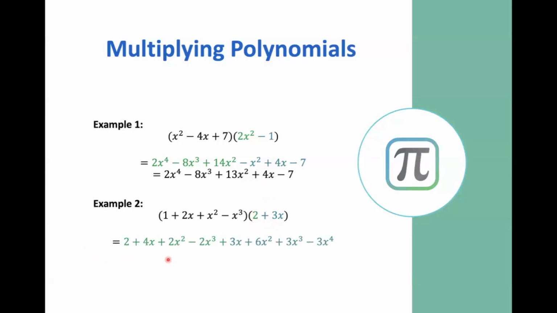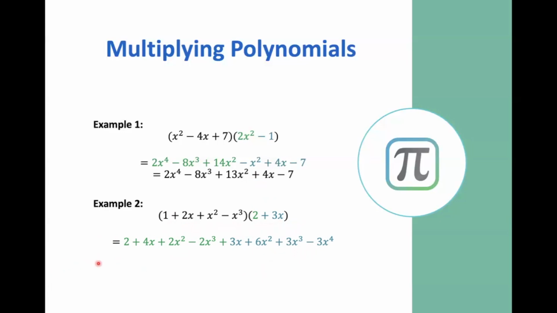So here, just trying to show the difference between the green and the blue, go 2 times 1 plus 2 times 2x plus 2x squared minus 2x cubed, and then do exactly the same process, multiplying everything in this left-hand bracket by 3x, and we get 3x plus 6x squared plus 3x cubed minus 3x to the power of 4.